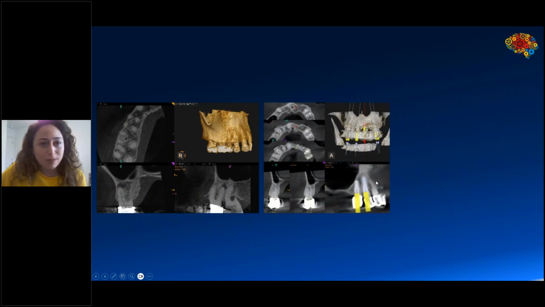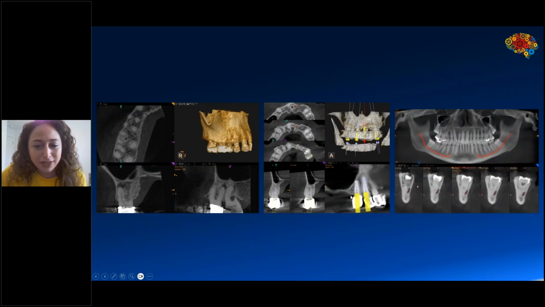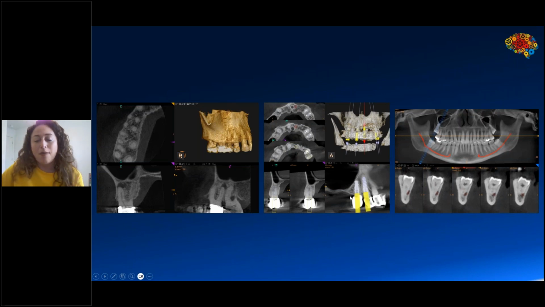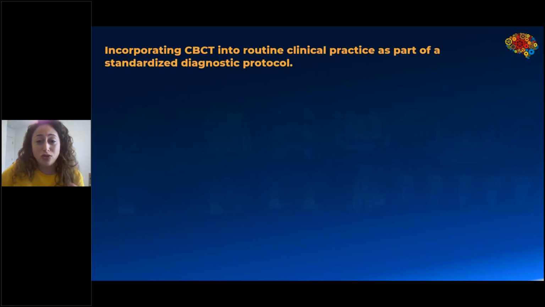So if I know this patient wants an implant placed, then I should take a CBCT scan. If I know I have to extract the third molars, then let me take a CBCT scan. But in fact, cone beam provides us a comprehensive view, and I think it should be part of our standardized diagnostic protocol.